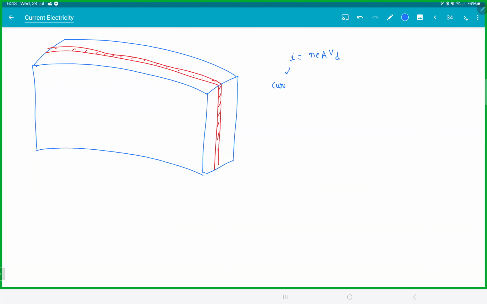What is dR? dR is rho x theta by L dx. So L dx got cancelled. So we get V drift is equal to the voltage by N E rho theta into x. It's proportional to 1 by x, kind of expected. The farther you go, the lesser the speed. 1 by x, no?